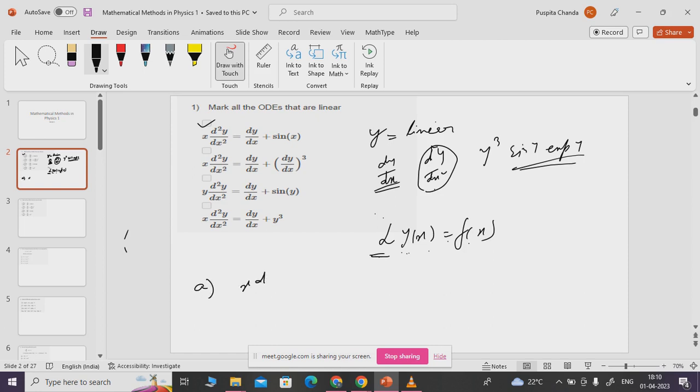In the first one, a, the equation is d2y/dx2 minus dy/dx equals sine x.